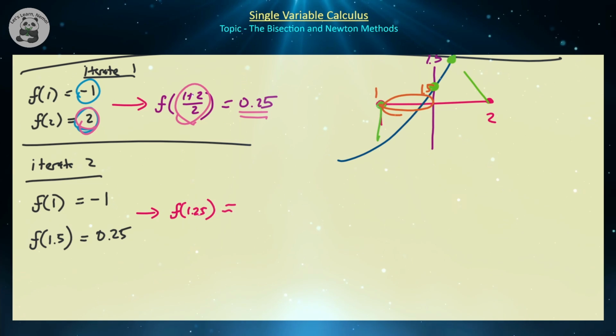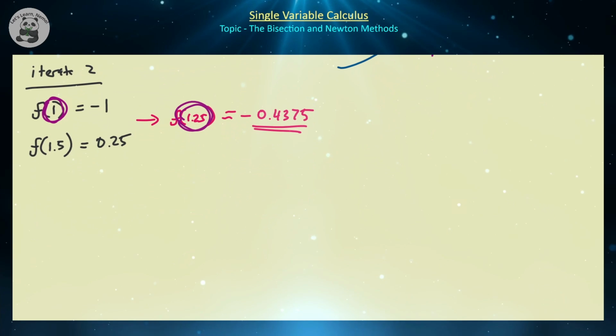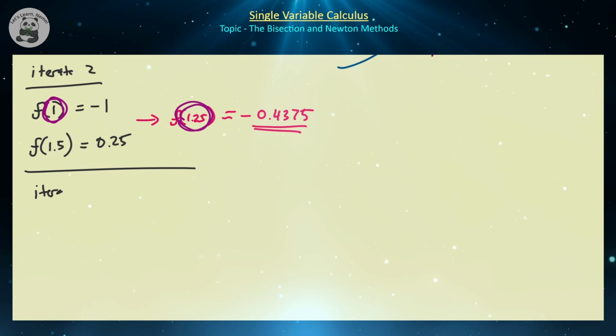One can find that f of 1.25 is approximately equal to negative 0.4375, which is a negative number, which means we're going to be replacing 1 with 1.25, right? Because 1.25 is somewhere here, which means there exists a number between 1.25 and 1.5 such that f of c is equal to 0, right? And we're just going to keep repeating until you get the precision that you want.